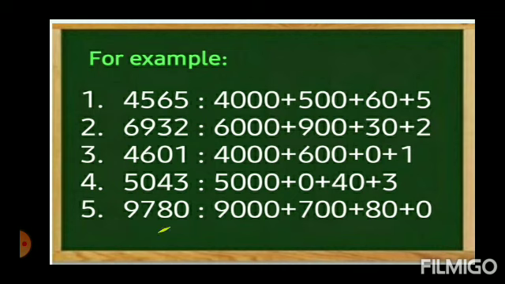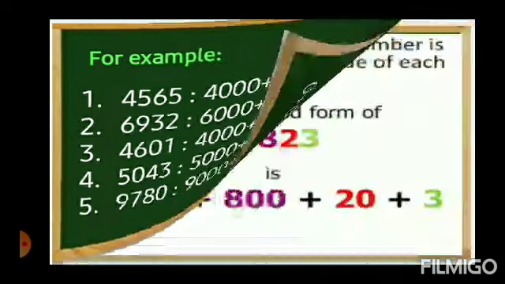The place value of 8 is 80. And 0 is in the ones place, so 0 ones are 0. So the expanded form of 9780 is 9000 plus 700 plus 80 plus 0.